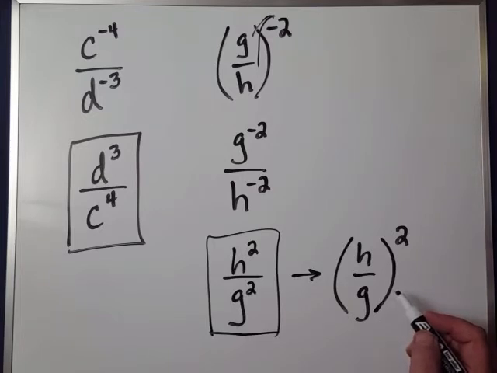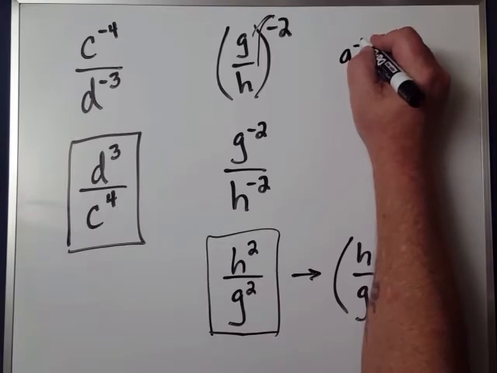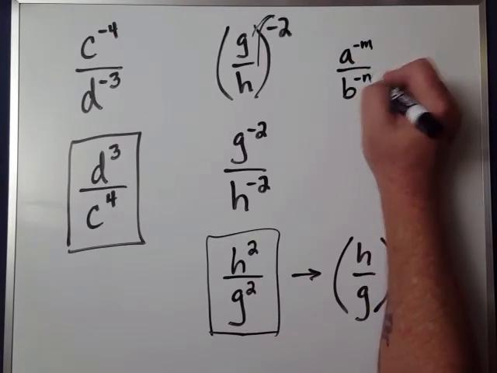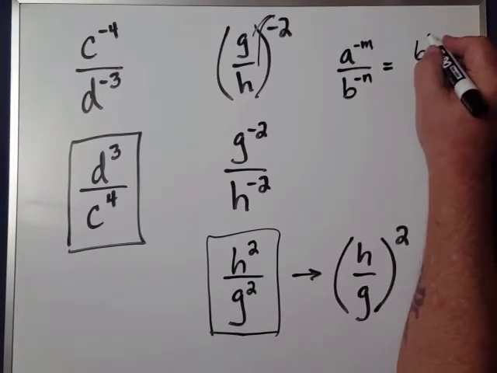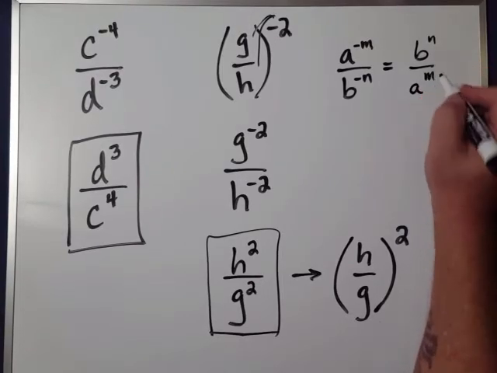A couple more rules. Page 273 in the brown box, middle of the page. She says if we have a to the negative m over b to the negative n, that's the same as b to the positive n over a to the positive m.